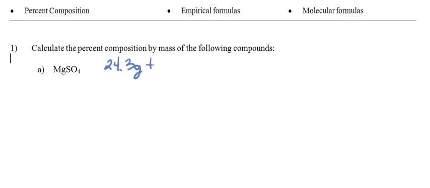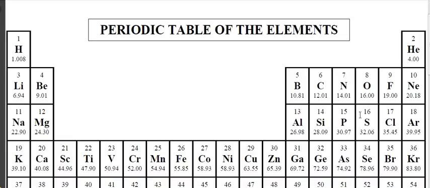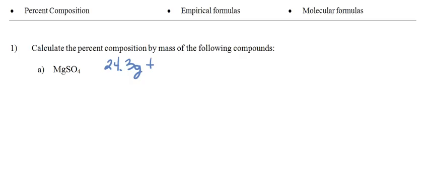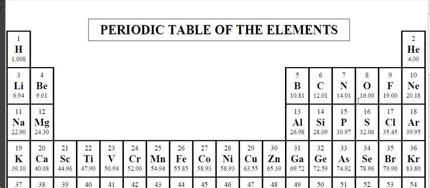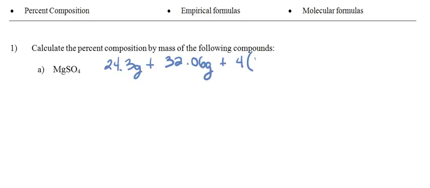Plus we have 1 sulfur, which has a molar mass of 32.06 grams per mole, and again, we'll add that as well. And for the oxygen, we want to add all the oxygens. In this case, we have 4 oxygens, and the molar mass for oxygen is 16 grams per mole. Make sure you have your periodic table out so you can do this.